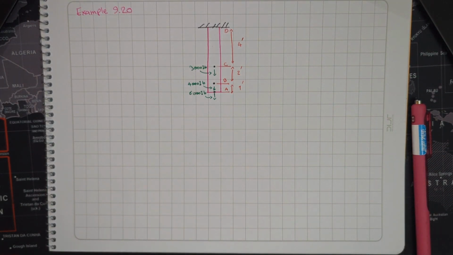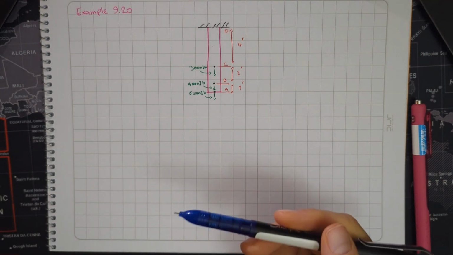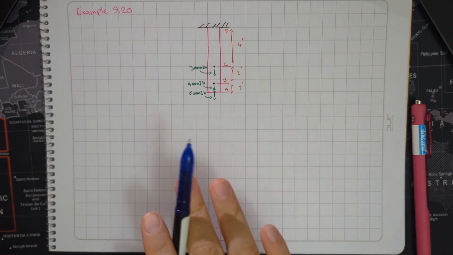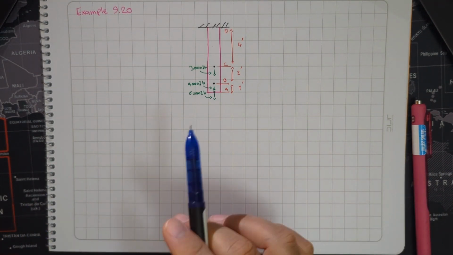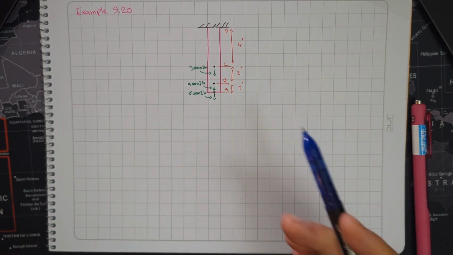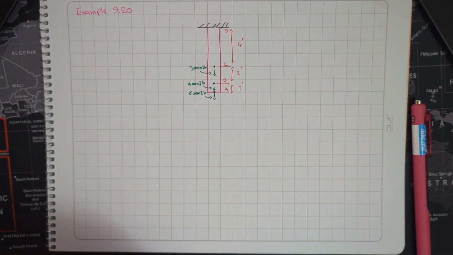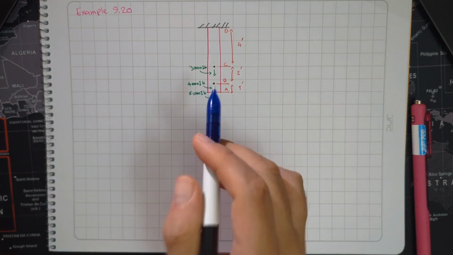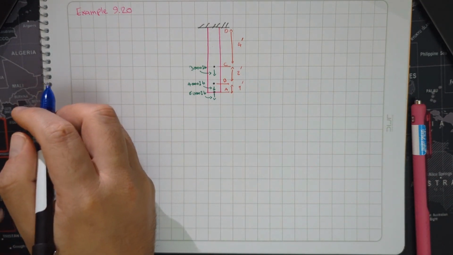Compute the total elongation of the bar. Use a modulus of elasticity of 29 million psi. Neglect the weight of the bar. If it didn't say neglect the weight of the bar, we would have to do it like the previous example. But since it says neglect the weight, we don't do it like that. So it is pretty simple actually.